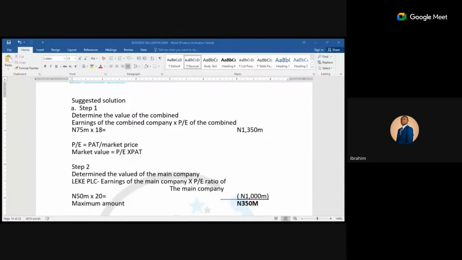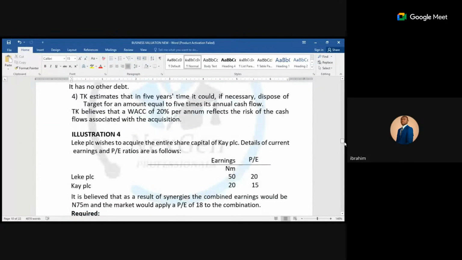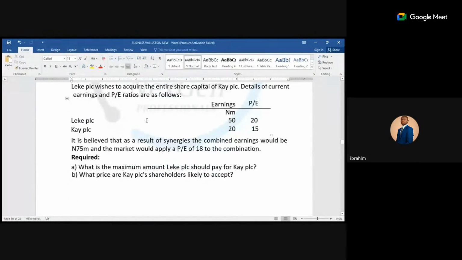So the analysis here is you are given the profit after tax of the combined company, the synergy, the profit which it will give you, right? And this is the earnings. We should not forget how we normally determine the market price or market value.